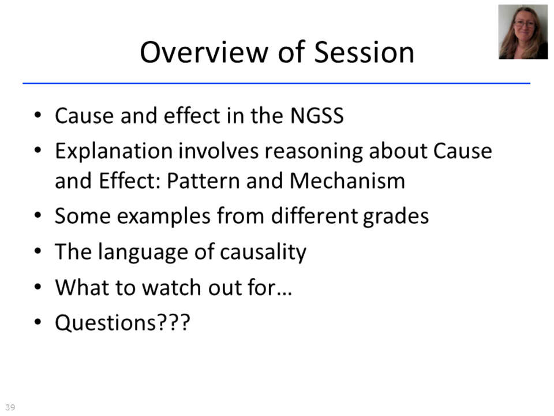One of the things I'm going to do is focus at the very end on some things to watch out for, because when we start to talk about causality at different ages and grade levels, there are different ways of thinking about it that will influence how we teach it and the kinds of conversations we're having with students in class. And then we're going to pause at the end for questions, and there's also a number of opportunities to talk about questions pretty much throughout.